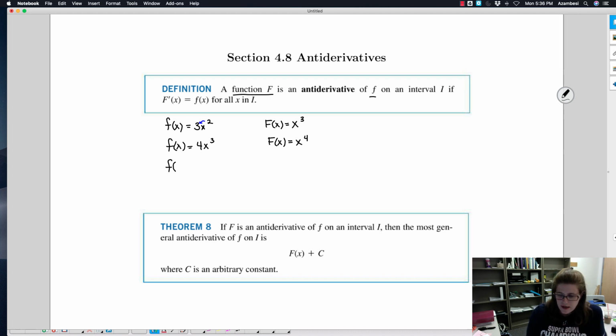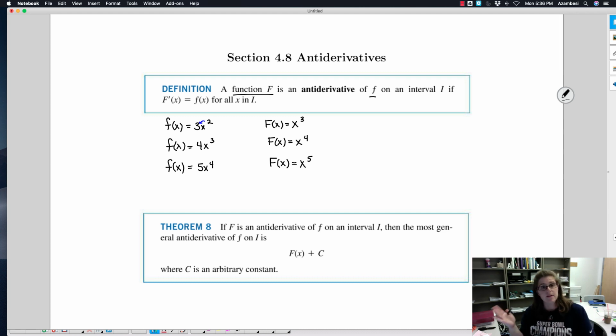If I have, say, 5x to the fourth, then bringing the 5 down from the top, reducing the power by 1, means that what I could have started with before we take the derivative would have been x to the fifth. So if I have 6x to the fifth, then really we started with x to the sixth and so on. But I say that these are one possible option for an antiderivative.